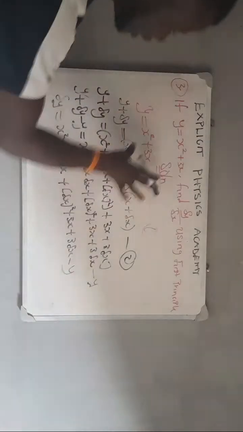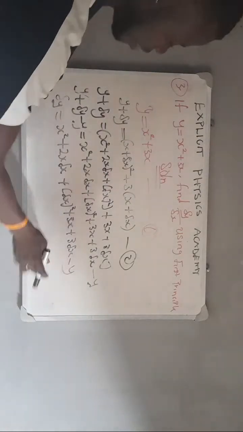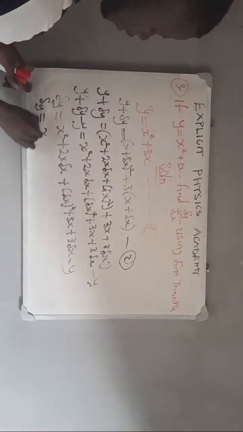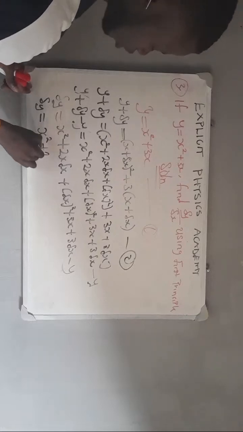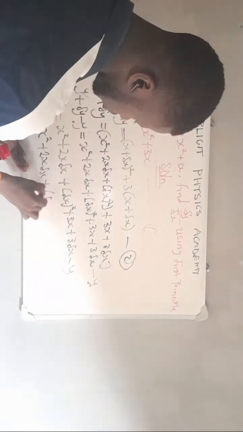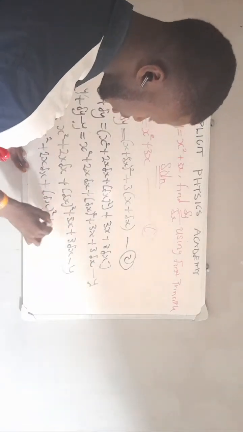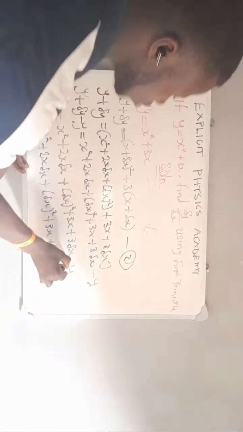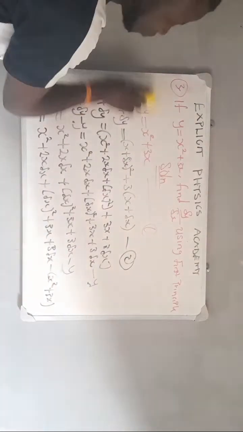Okay, now putting what we have here into this, although I'm not writing it out in this example, we are going to have del y is equal to x squared plus 2x del x plus del x squared plus 3x plus 3 del x minus, we have here x squared plus 3x. Okay, we are making progress. Let me just clean this.